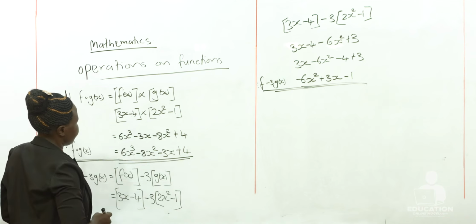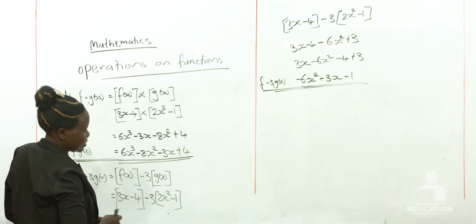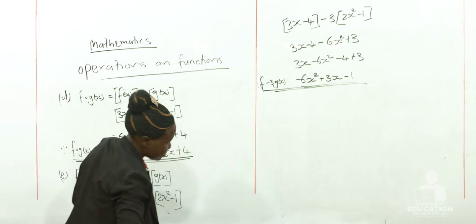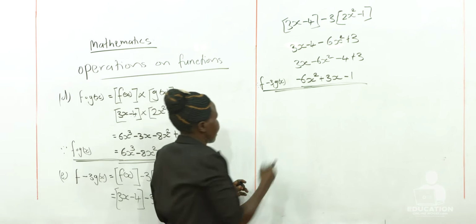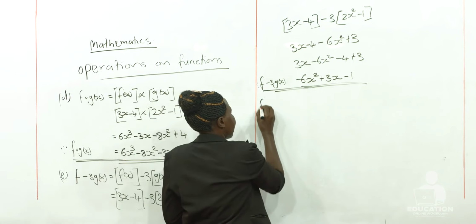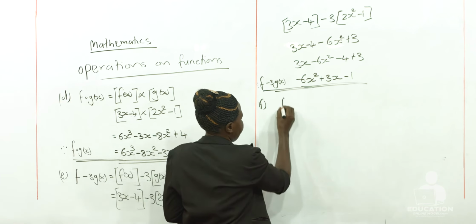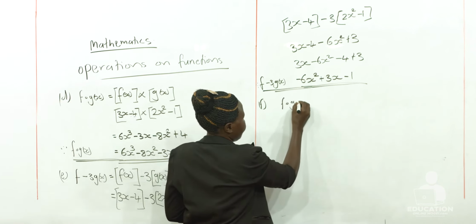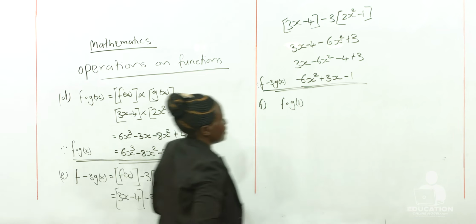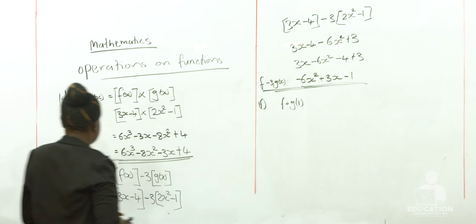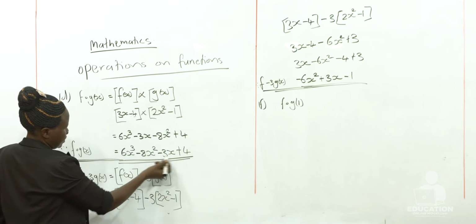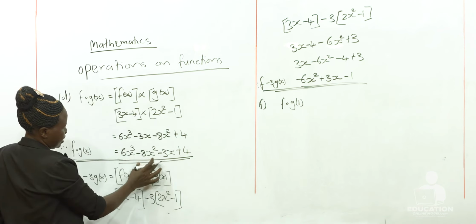Then the last one, I hope you can now be able to try number f. Number f was f of 1. So for this case, since we already have the product, you follow the same steps up to here.